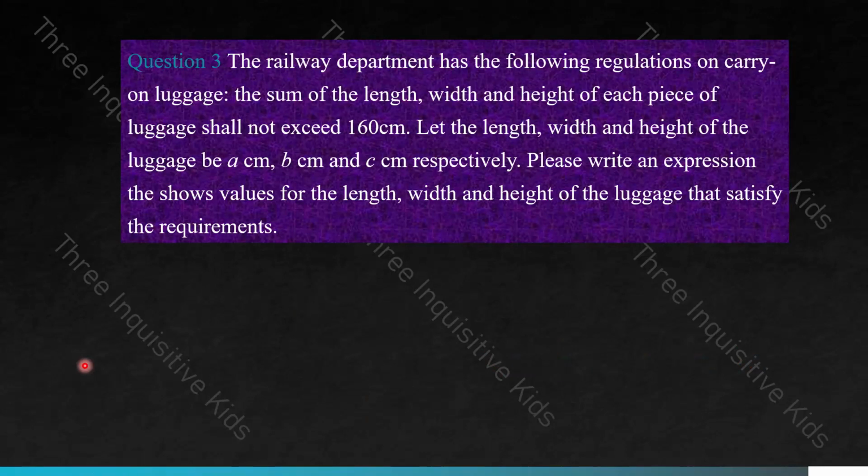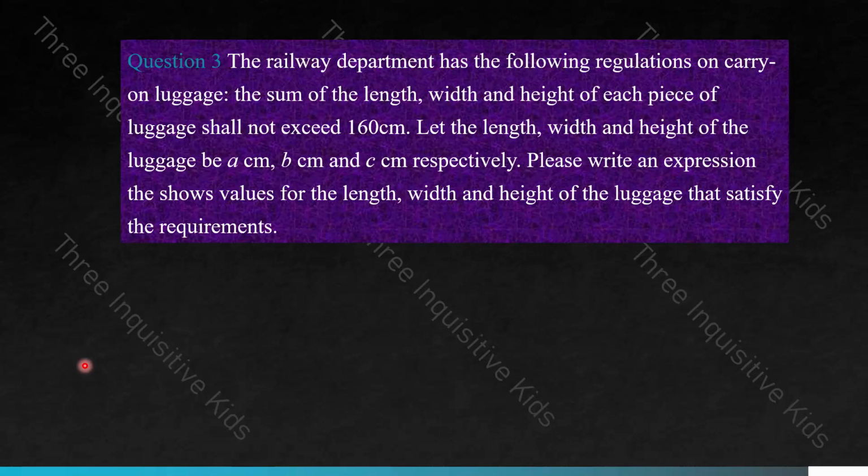Question 3. The railway department has the following regulations on carry-on luggage. The sum of the length, width, and height of each piece of luggage shall not exceed 160 centimeters. Let the length, width, and height of the luggage be A centimeters, B centimeters, and C centimeters respectively.